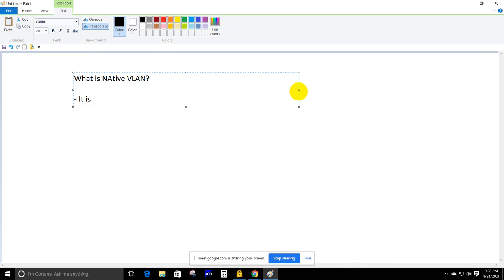It is used to support untagged frames on a trunk link. This is the very first point you have to mention when it is asked what is native VLAN.